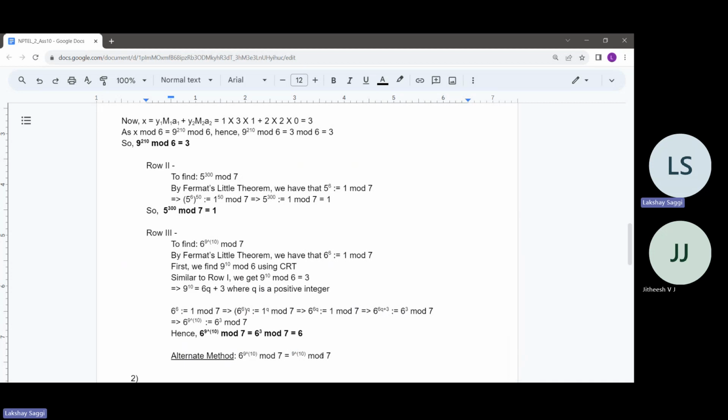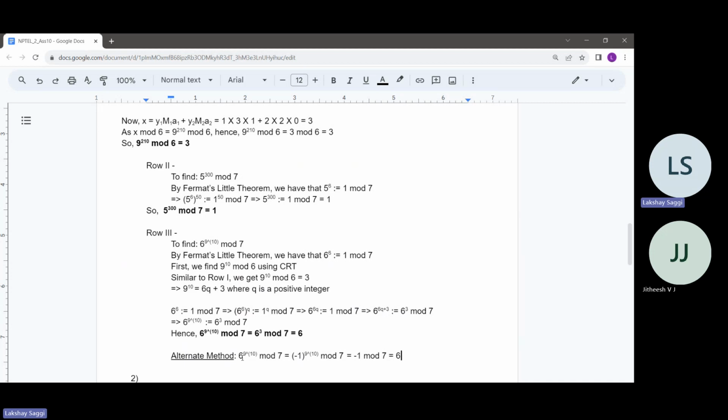I can replace this 6 by -1 instead because 6 is -1 mod 7. And since -1 raised to the power of an odd number is -1, this will be nothing but -1 mod 7, which is equal to 6.